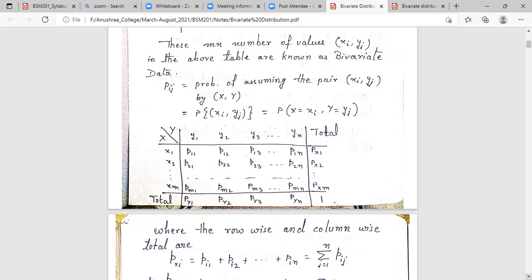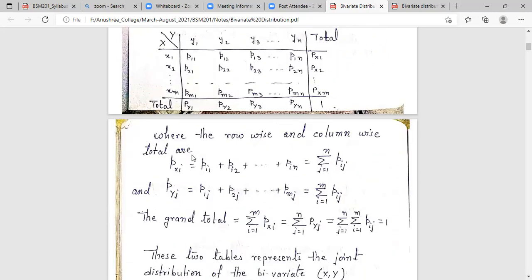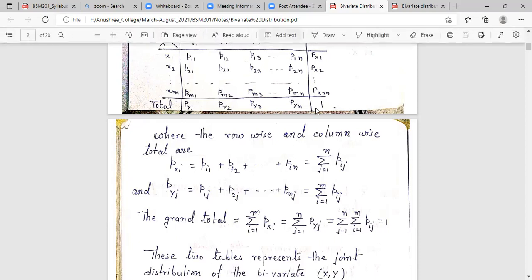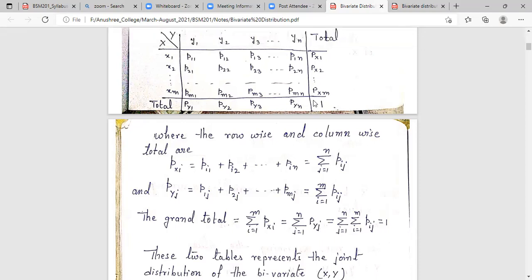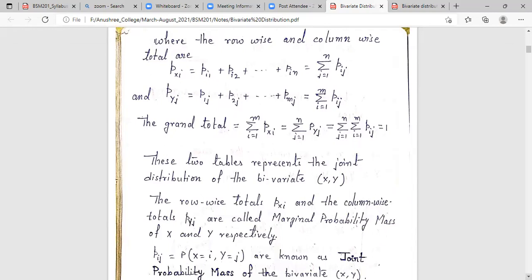So the row-wise and column-wise totals are Pxi, as I just told you, and Pyj is the sum of the vertical entries of the probabilities. And the grand total, if I take the total of all this, gives the total probability, which will always be equal to 1.